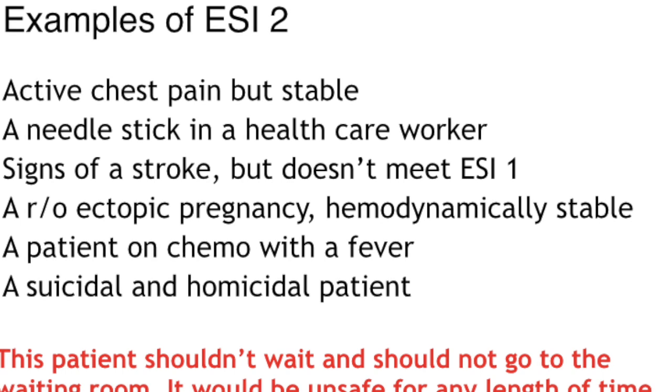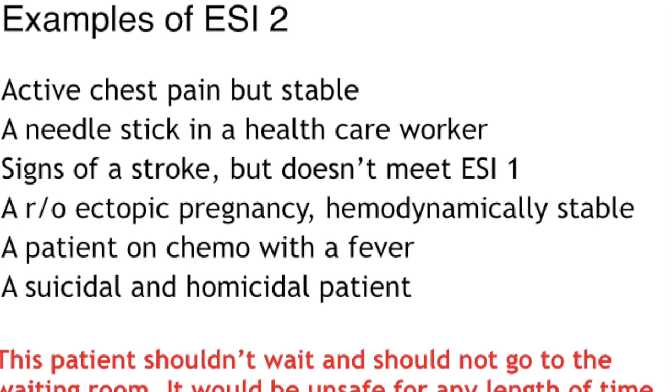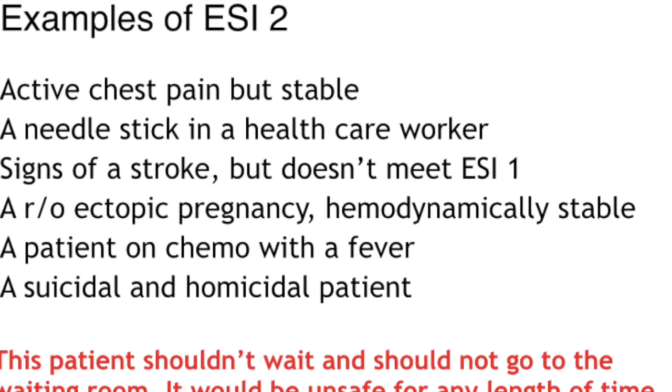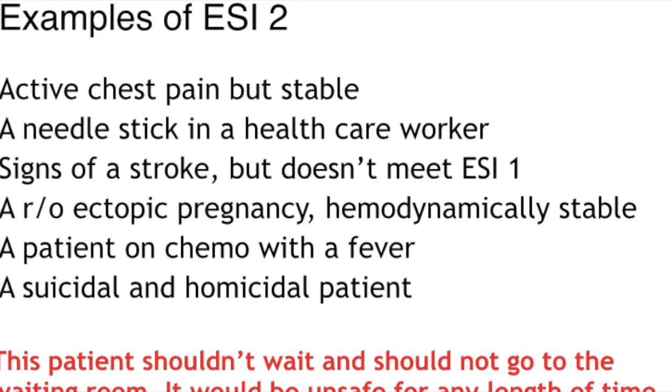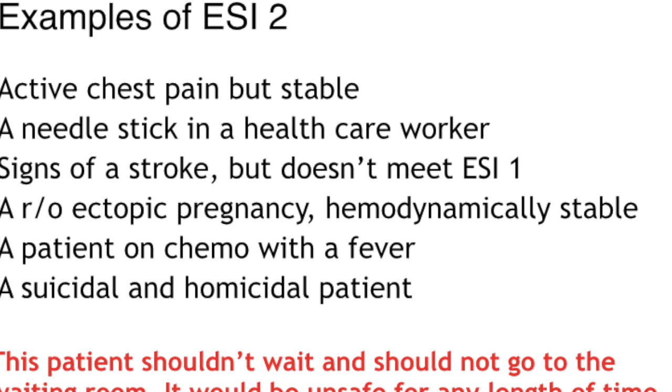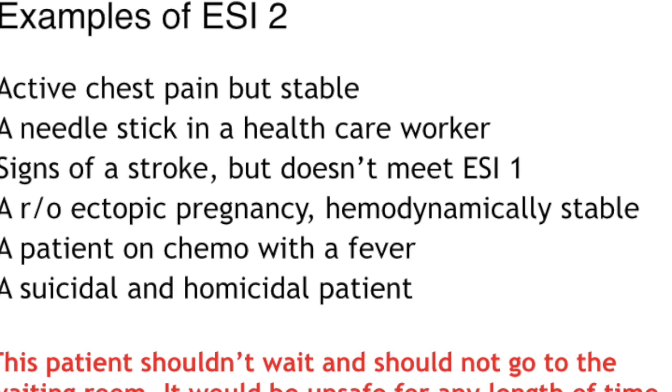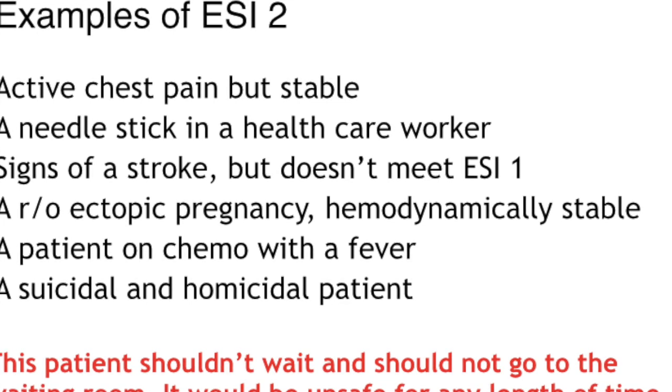We want to not only reassure the patient that we're going to do everything that we can to take care of them, but we want to go ahead and get our protocol for needle stick initiated and start any kind of treatment if it's warranted. A patient that comes in with signs of stroke but not unresponsive, which would make them a category 1.